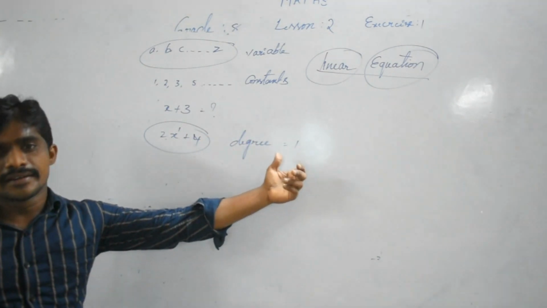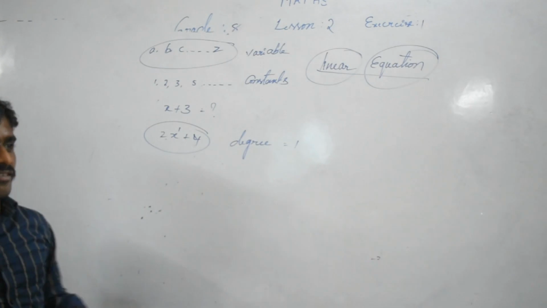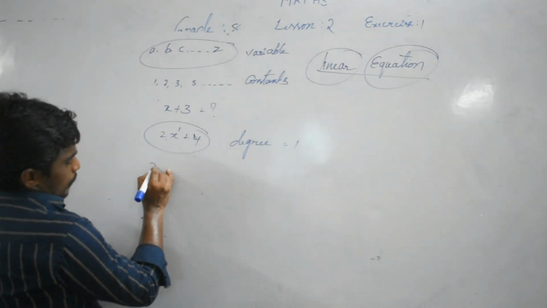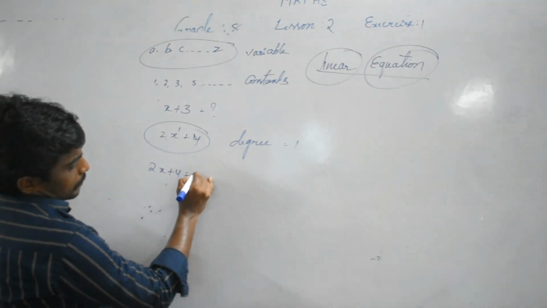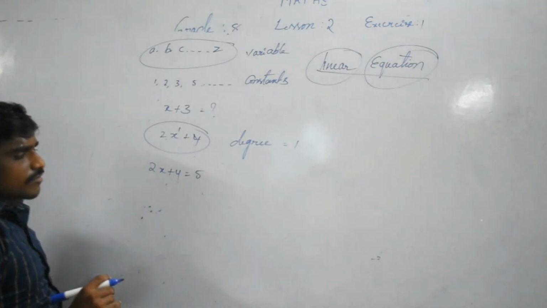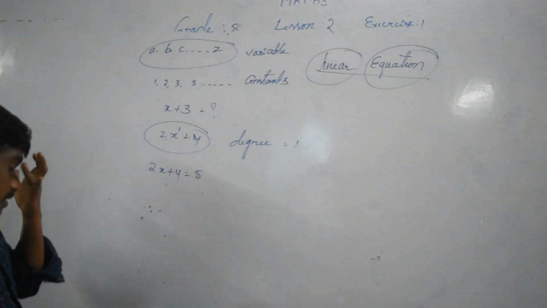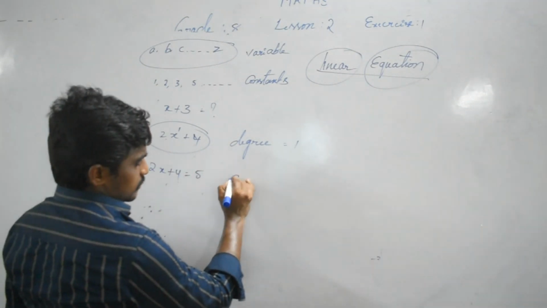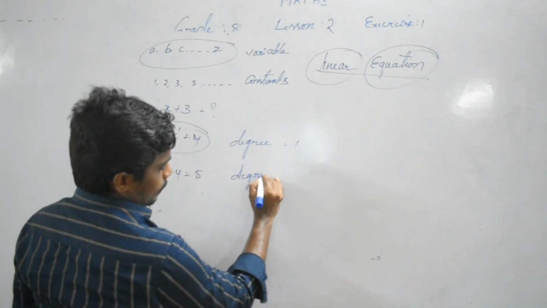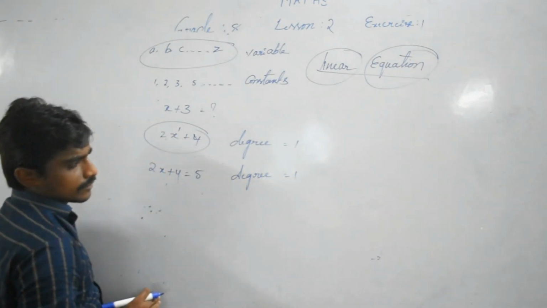So here the degree of this equation is 1. Next one, 2x plus 4 is equal to 5. Here the degree of x is how much? 1.